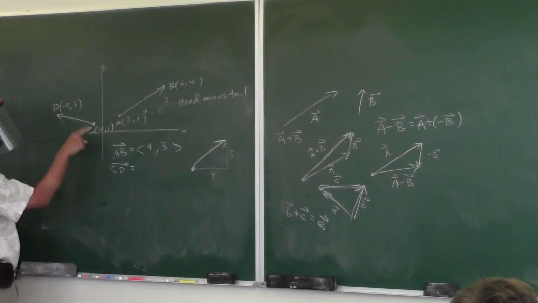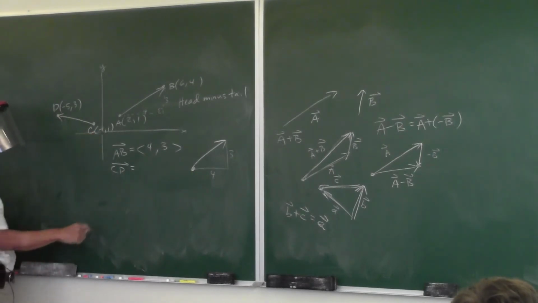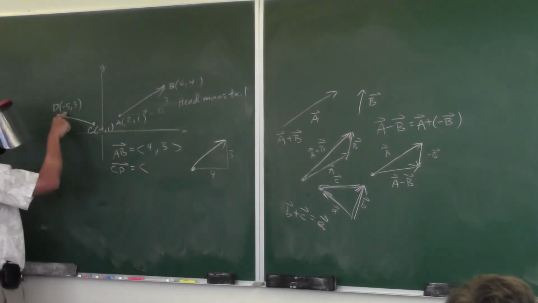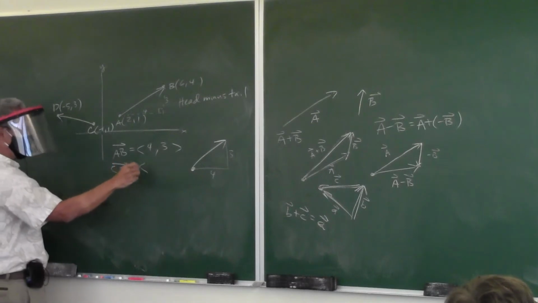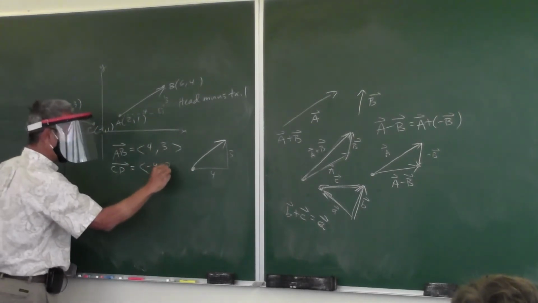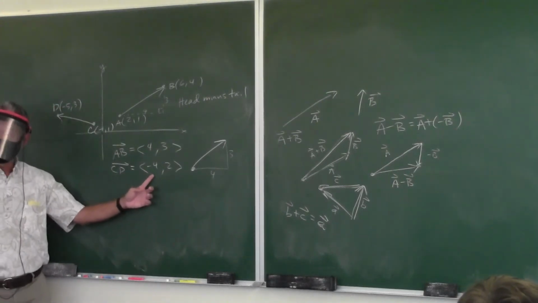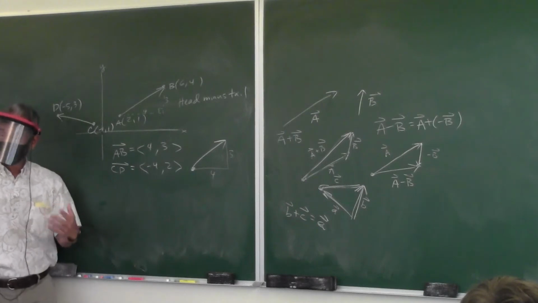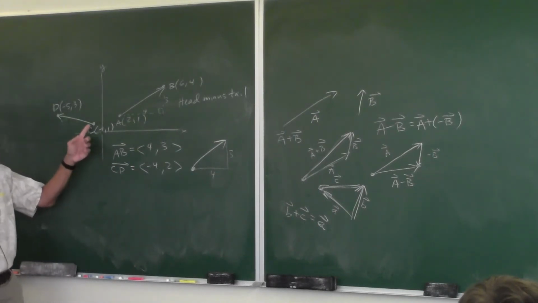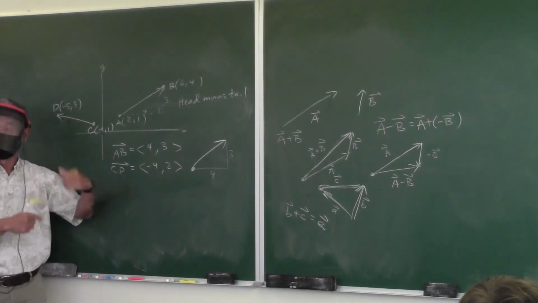So this is the head, this is the tail. Negative 5 minus negative 1. And then 3 minus 1, 2. There you go. That means the x component is negative 4, the y component is 2. That means wherever your tail is, you have to go 4 to the left and 2 up to get to the head.